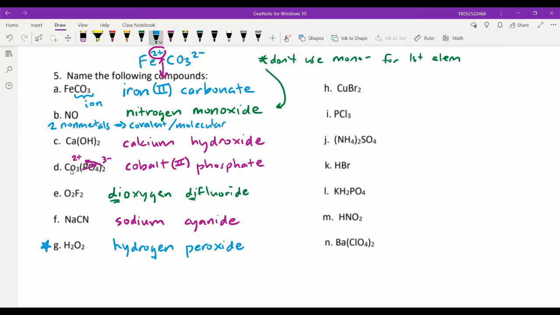It's just that there are some common names that persist, and so this is named as if it was an ionic compound, even though it's not really. So just try to remember this one. That's the point: this is hydrogen peroxide.